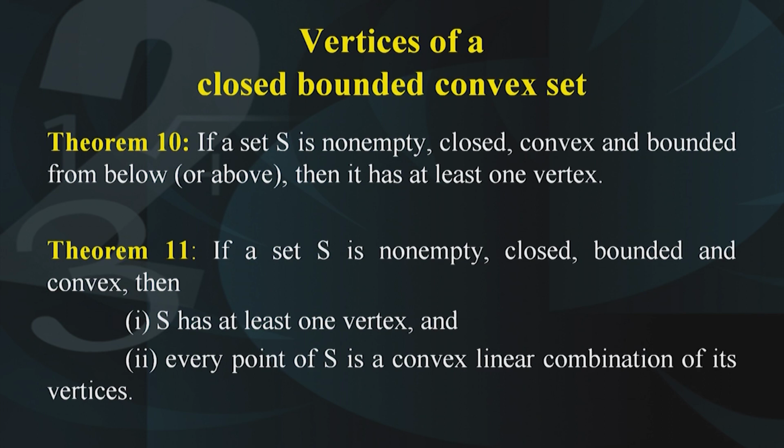Similarly, theorem 11 tells us if a set S is non-empty, closed, bounded and convex, then one, S has at least one vertex, and two, every point of S is a convex linear combination of its vertices.